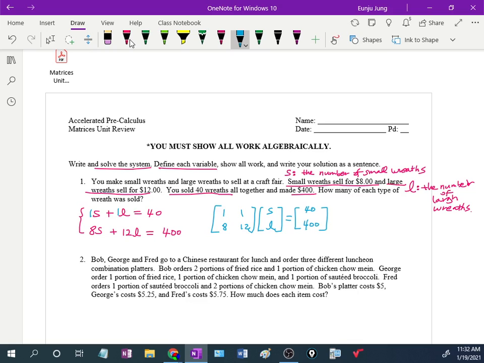What method would you like to use to solve this matrix equation? Method 1 is Cramer's rule. Method 2, row reduction. Method 3, using the inverse matrix. What is your favorite? And we can find the solution.